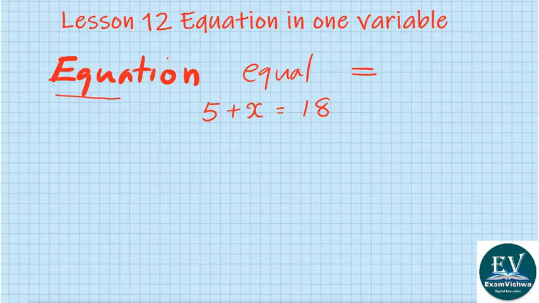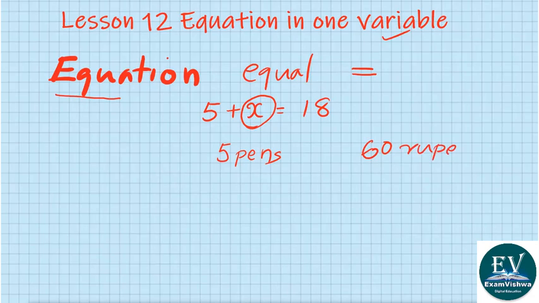Understood? Then a variable is this, where its value can change depending on the situation. When 5 pens were bought from a shop, I paid 60 rupees.